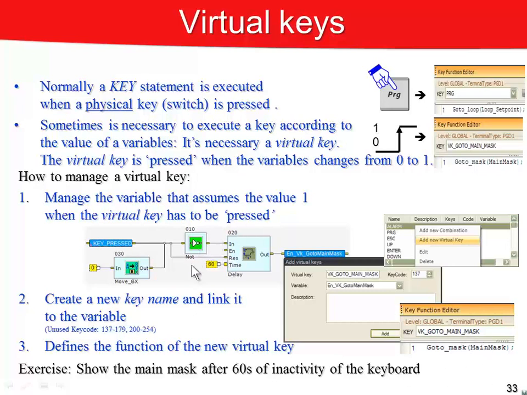So I won't give you so many details, but in short, move is a very, very simple block, because move simply copies the value of the input into the variable connected to the output. In this strategy, this block will write 0 into the variable key pressed.